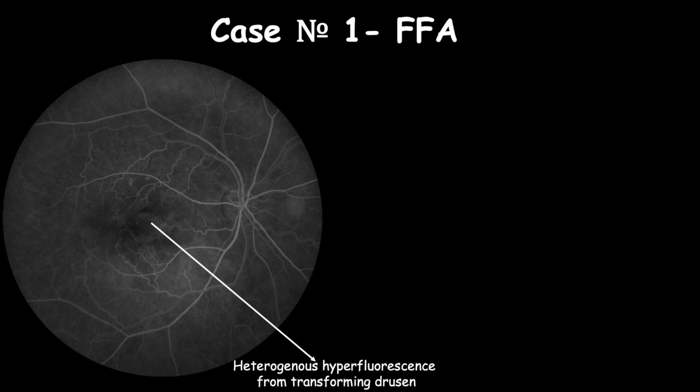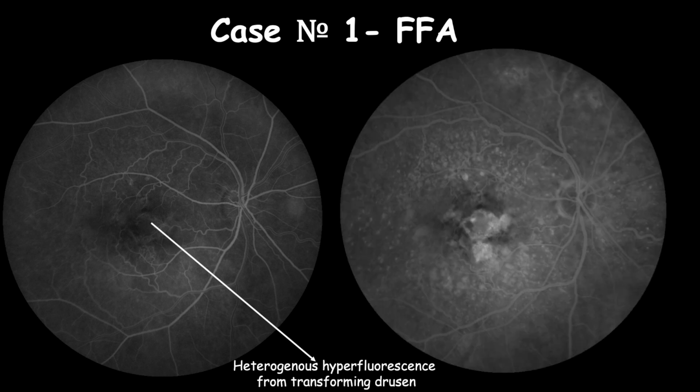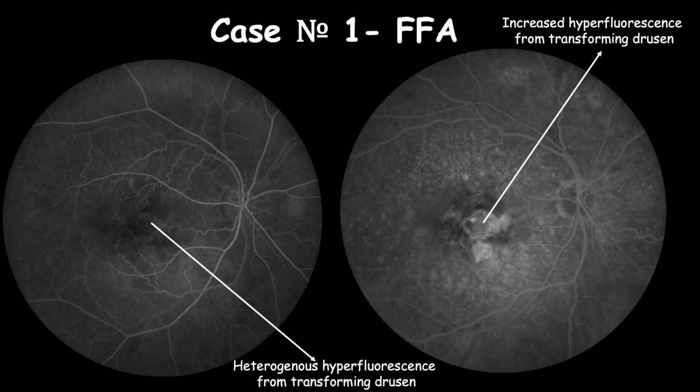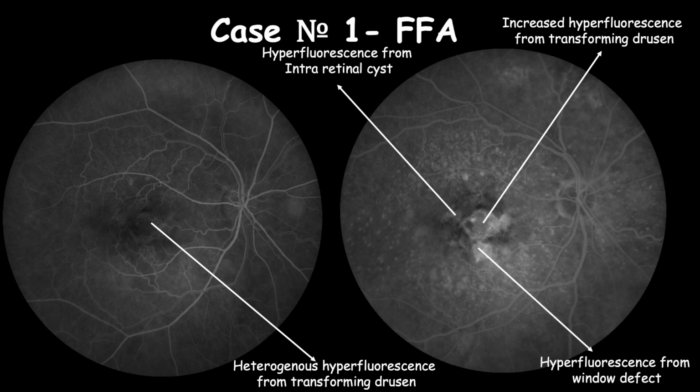Fluorescein angiogram shows transforming drusen that feature heterogeneous hyperfluorescence in the early phase that is more pronounced in the mid-phase, along with hyperfluorescence from the intraretinal cyst and hyperfluorescence from window defect due to RPE atrophy.